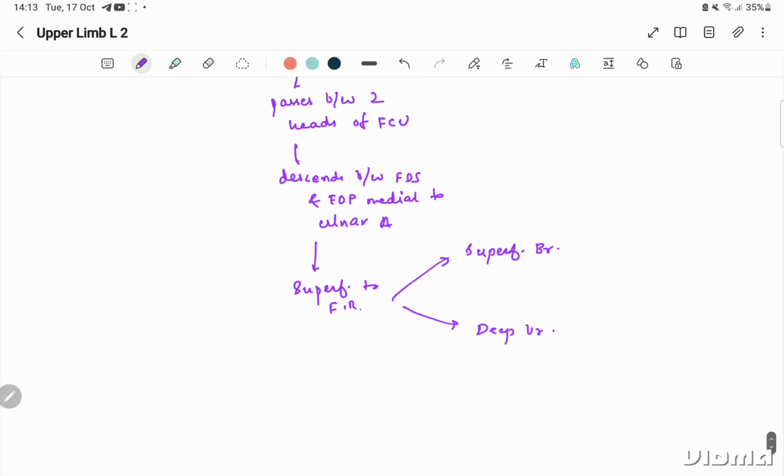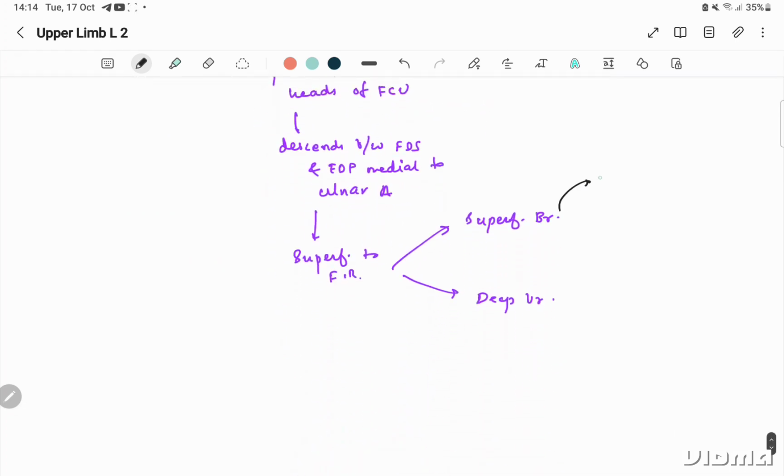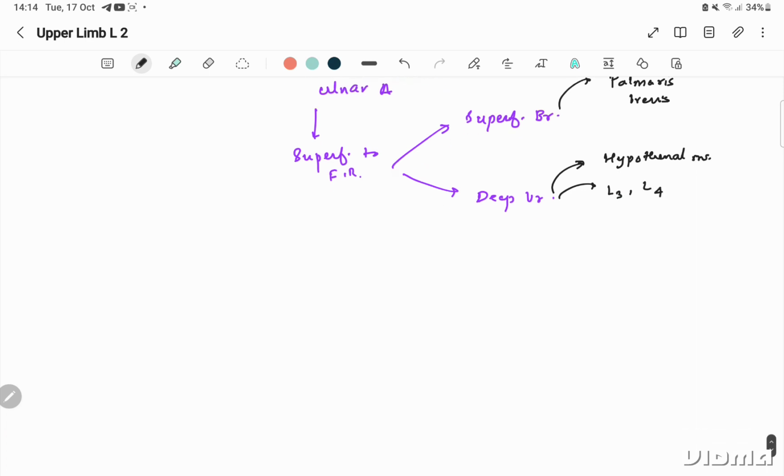Okay, the superficial branch of the ulnar nerve supplies the palmaris brevis muscle, and the deep branch supplies all the hypothenar muscles. It supplies the third and fourth lumbricals.